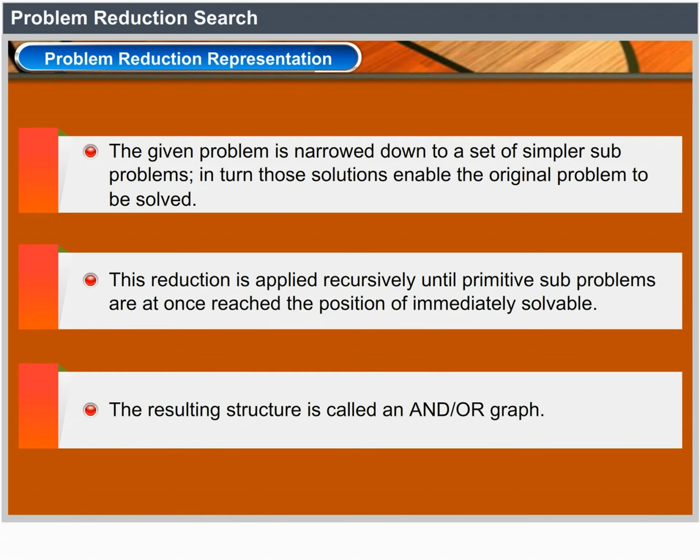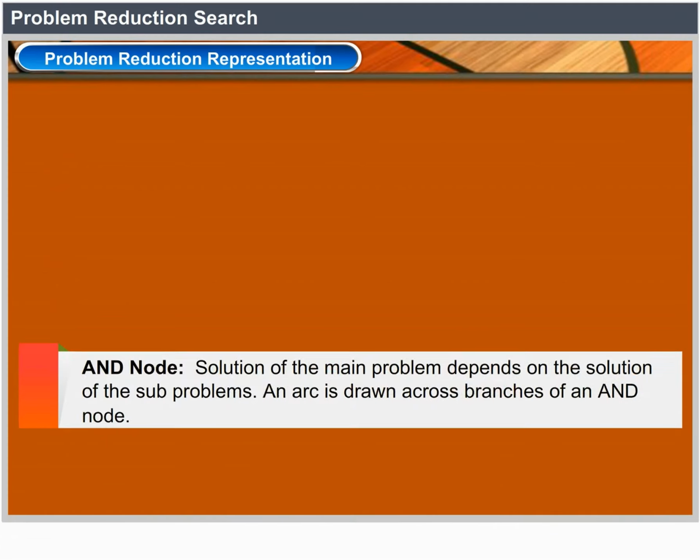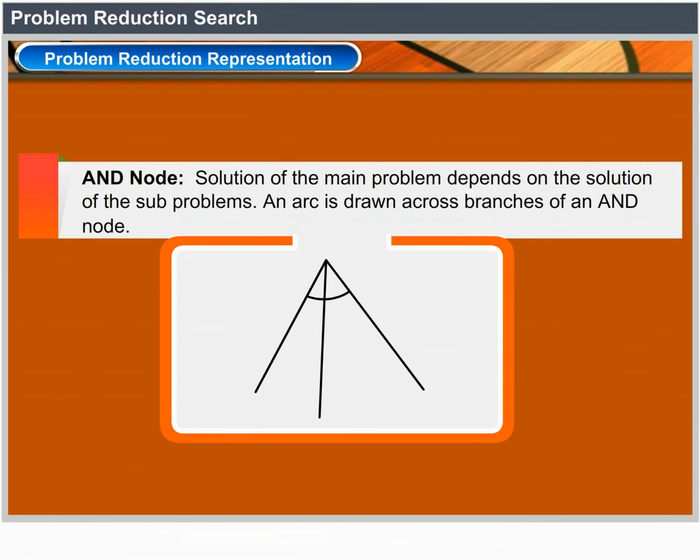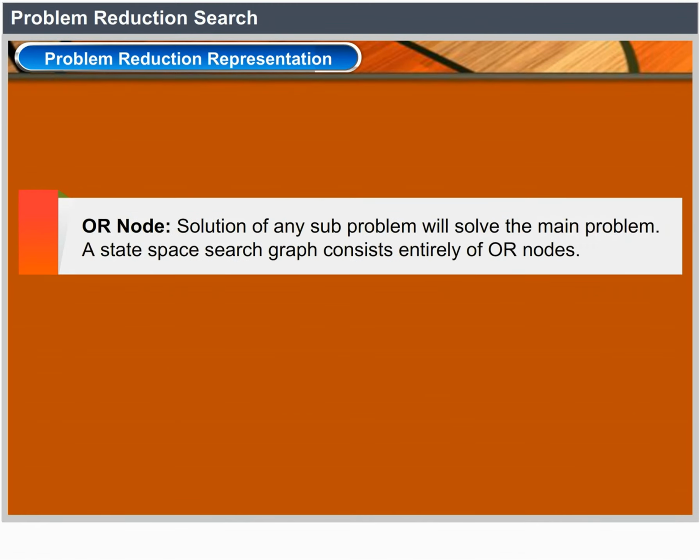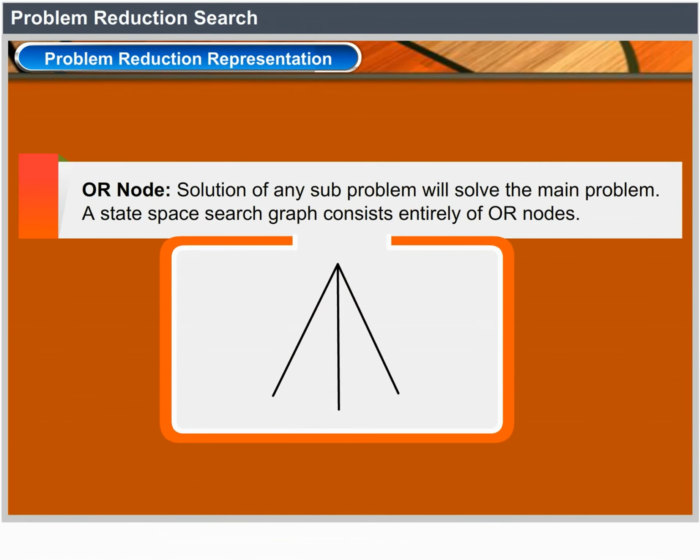AND node. Solution of the main problem depends on the solution of the subproblems. An arc is drawn across branches of an AND node. OR node. Solution of any subproblem will solve the main problem. A state space search graph consists entirely of OR nodes.